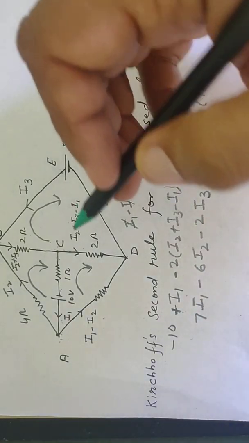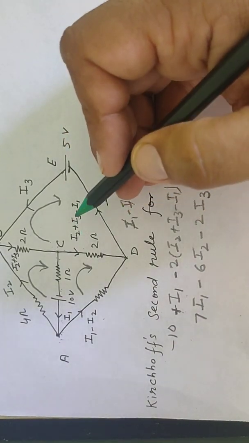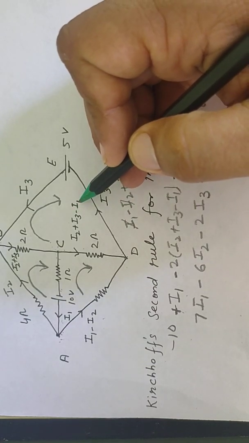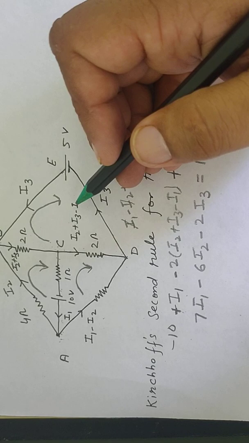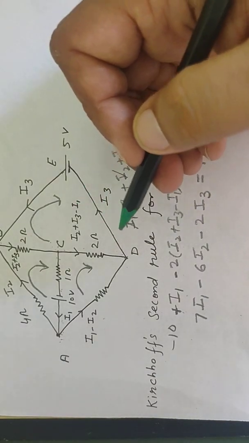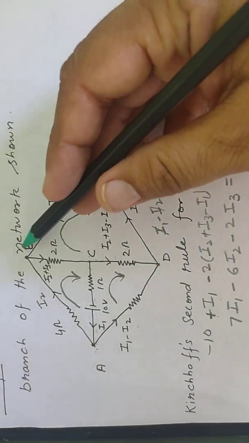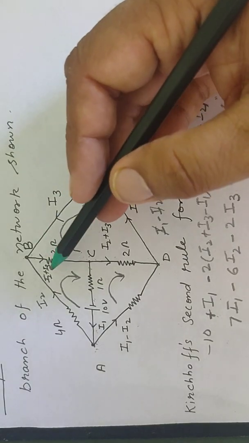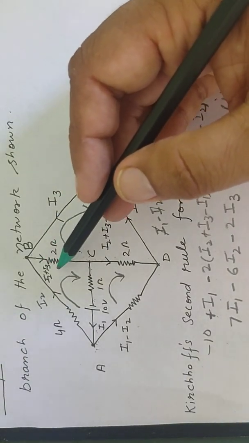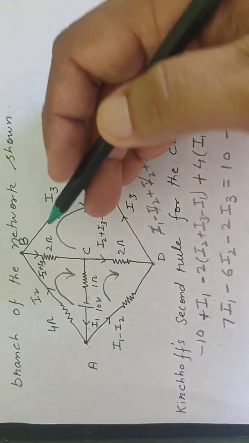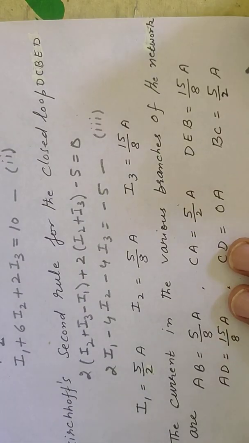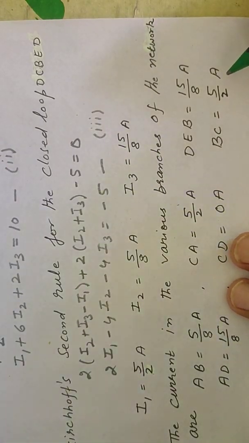And when we put the value of I2, I3, and I1 here, we get 0 ampere current. And the last branch is BC. Here this branch current flowing is I2 plus I3. We add I2 plus I3, and if we add, we get 5 by 2 ampere current flowing through this branch.